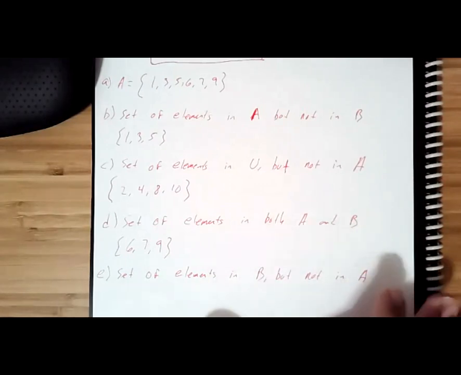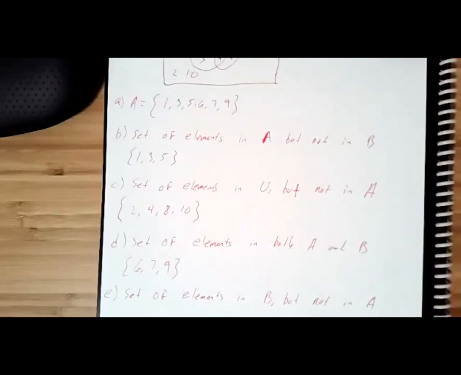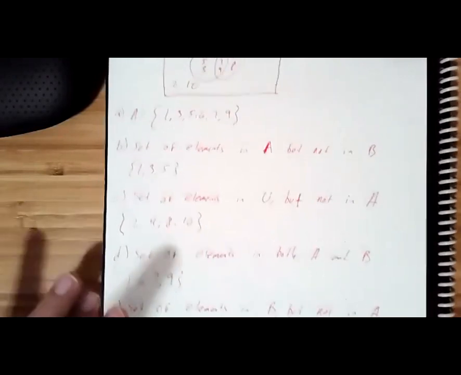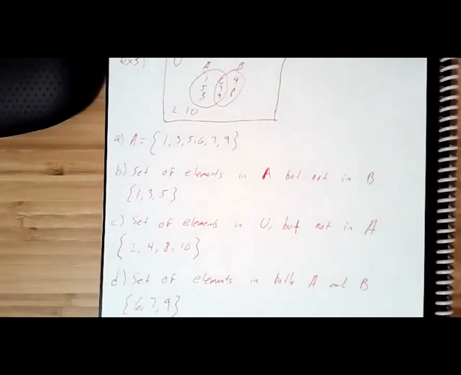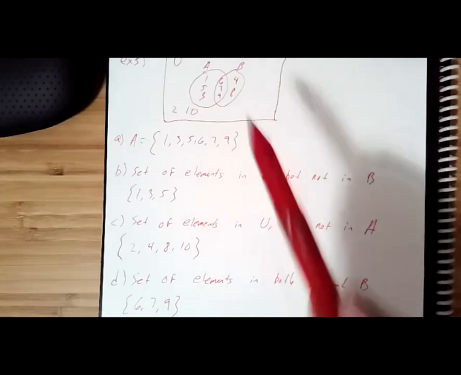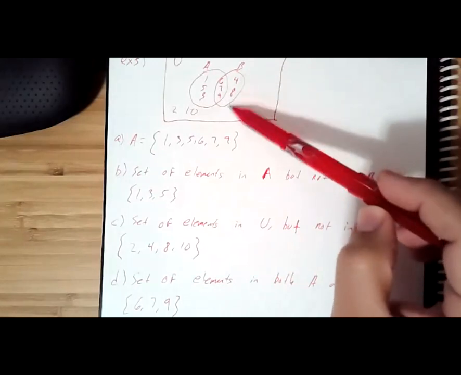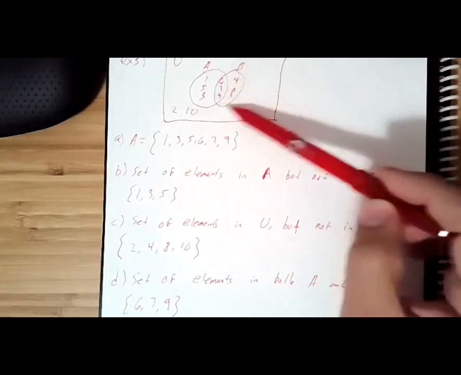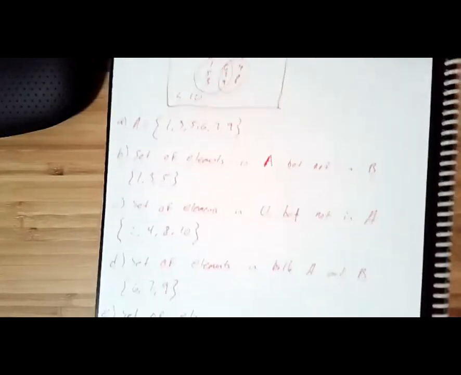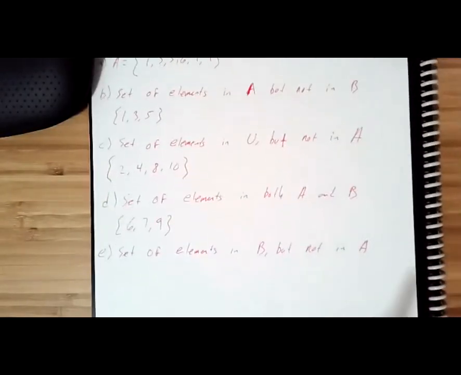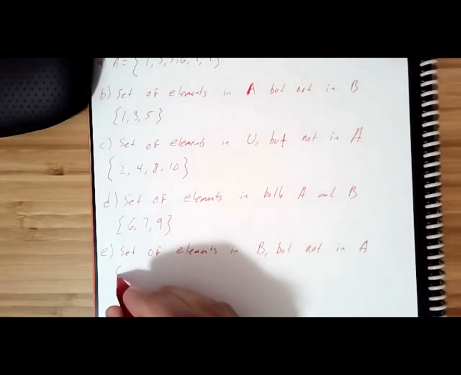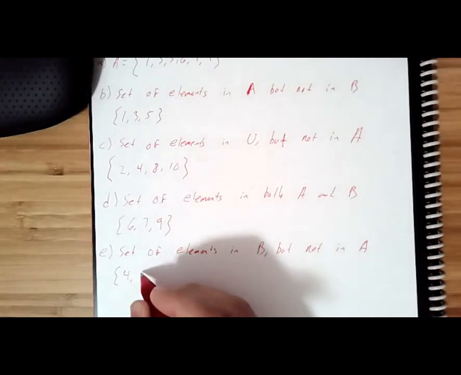So look at the picture on page 53, or the one I drew up here. So everything that's not in A, but inside B. So only the 4 and the 8 are outside of A and in B. So you would just say the 4 and the 8.